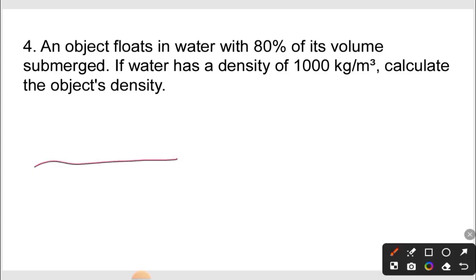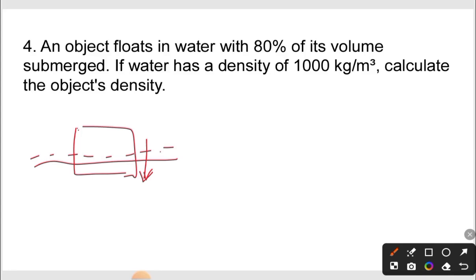So let's say I have water and I have an object in the water. The weight of this object will be equal to the amount of water which will be displaced. So the short dashes is the level at which the water will get to, but that is actually not the level or the height the water is supposed to get to.